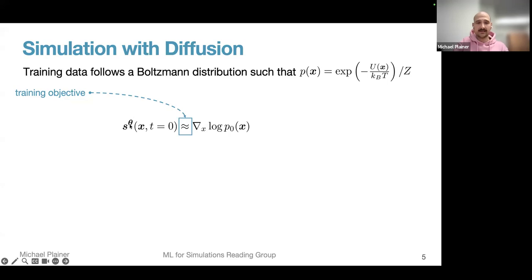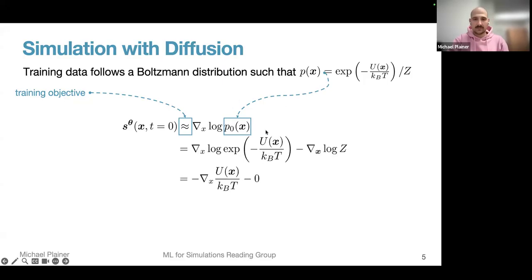So here on the left-hand side, we again have our score function. And if we evaluate it at t0, what we learn is basically just the definition. Like if our training objective is met, what we learn is the score. So we learn the gradient of log p0. But in this case, our p0 is this Gaussian. Is this Boltzmann distribution. So what we can do is we can just plug it inside and then make some simplifications.